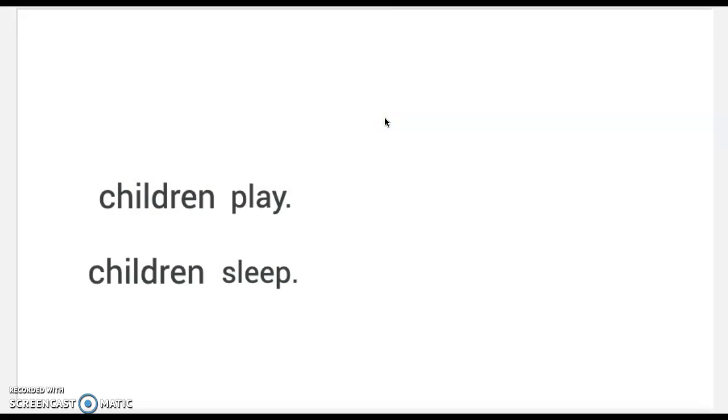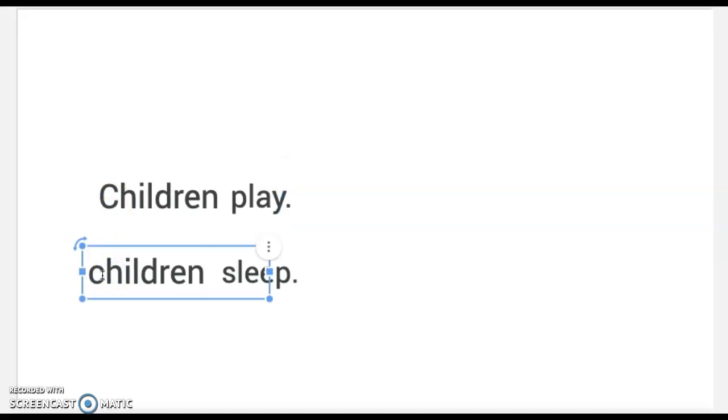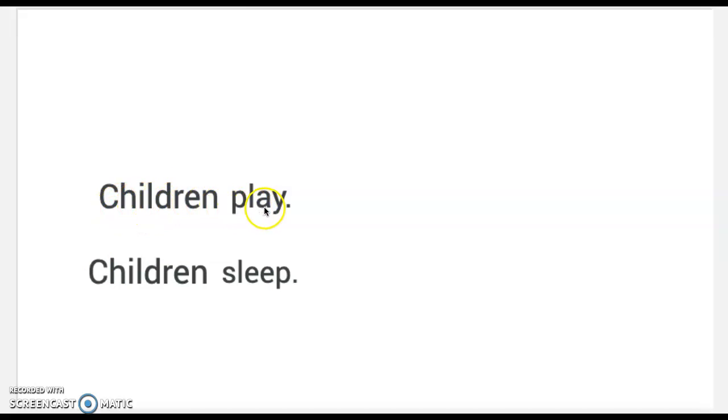So now it's a sentence, right? Oh, right. There is something else missing. Our first word needs to have a capital. So we can fix that. Now we've fixed it. Children play. Every sentence starts with a capital letter and ends with punctuation.